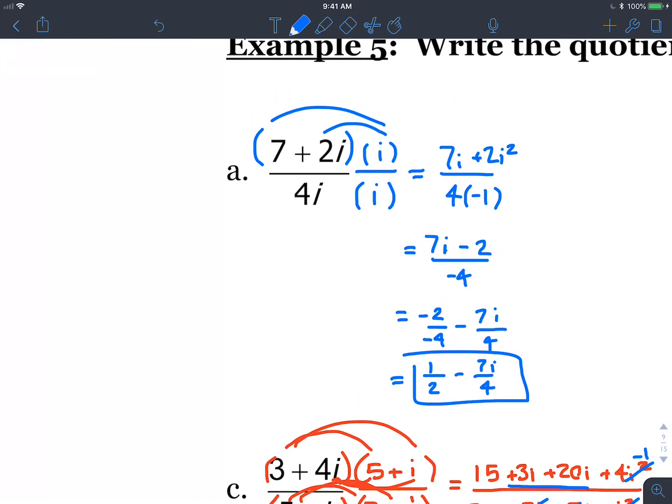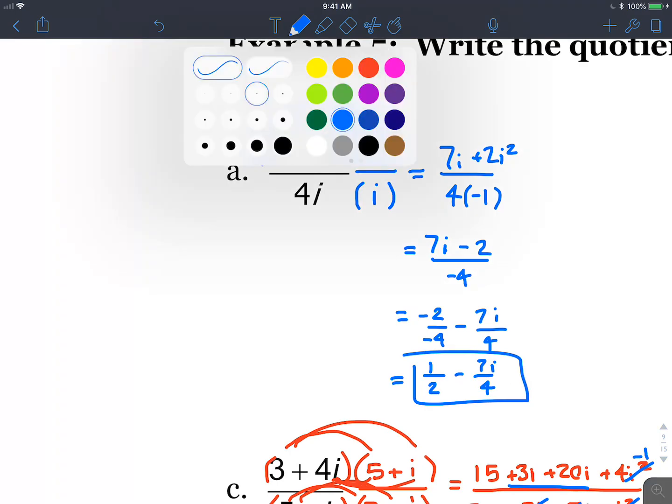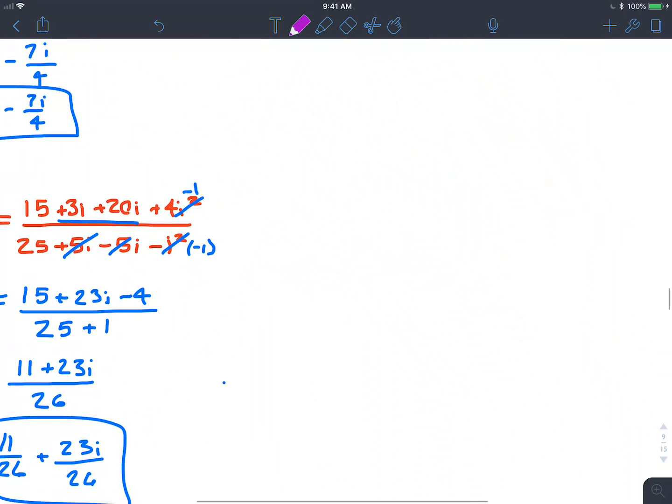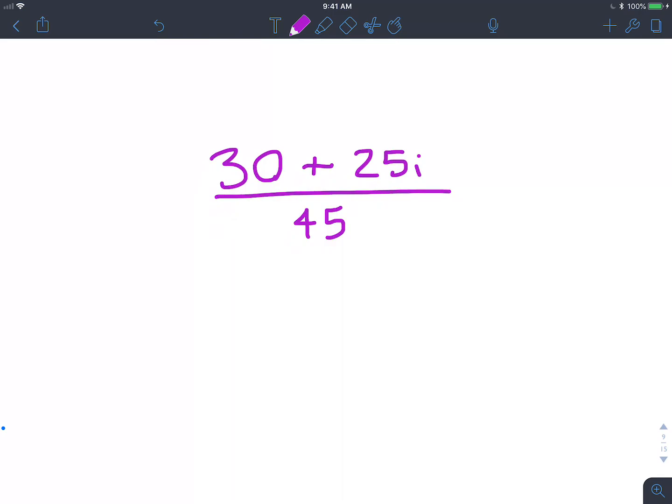And actually I'm going to add one more example here at the bottom just to kind of re-emphasize the simplification. So there's those examples. So just add this wherever here. Let's make it, I don't know, like 30 plus 25i over, I don't know, 45. I'm just making this up here.